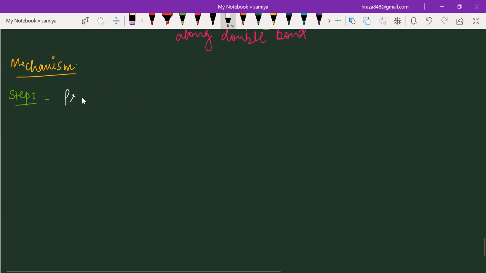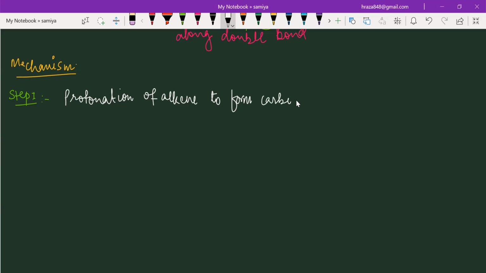In the first step, there will be protonation of alkene to form carbocation by electrophilic attack of H3O positive.